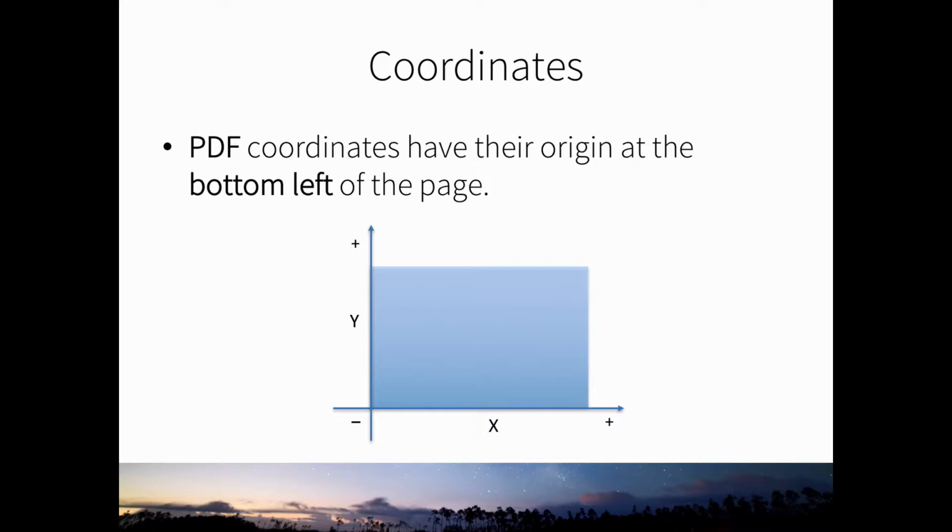This is important because you will have to identify where you want to place your content, or how much space you want to leave from the bottom or from the side, and you will be using these coordinates for that. So if you want your PDF or image to go up when placing content, you will use y plus and not y minus.